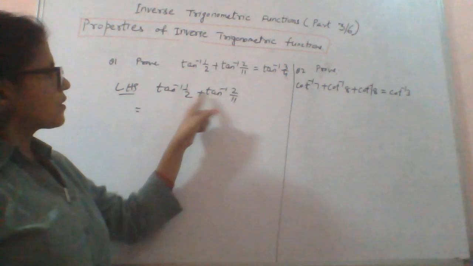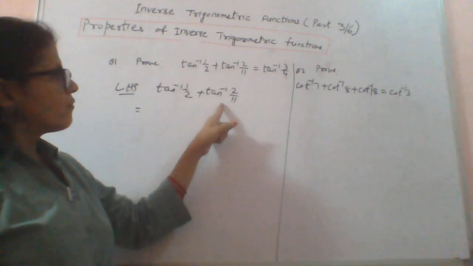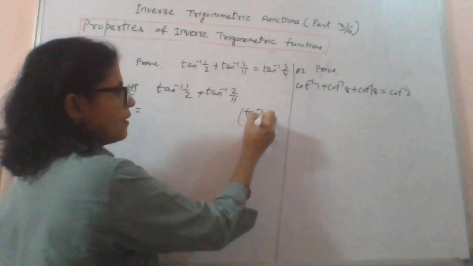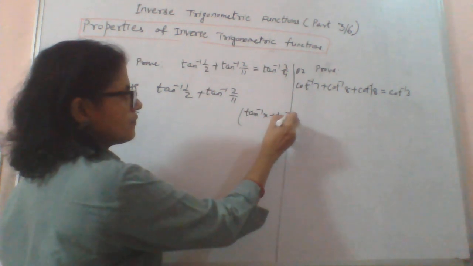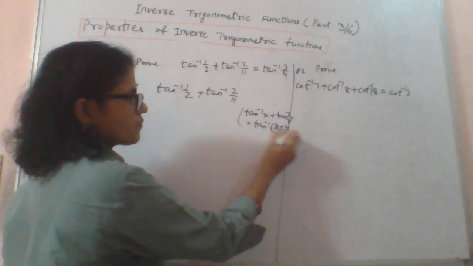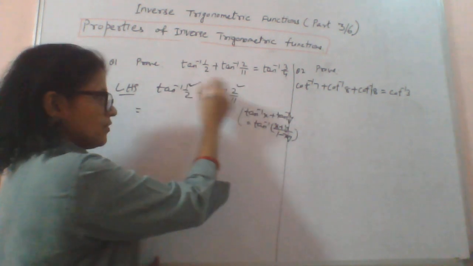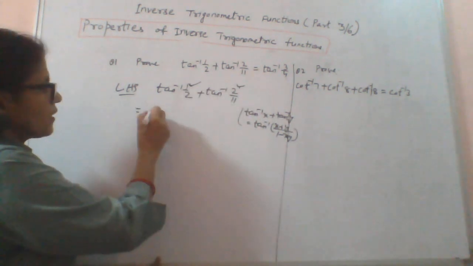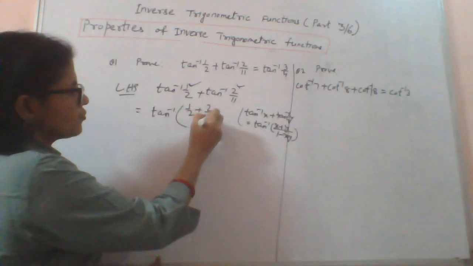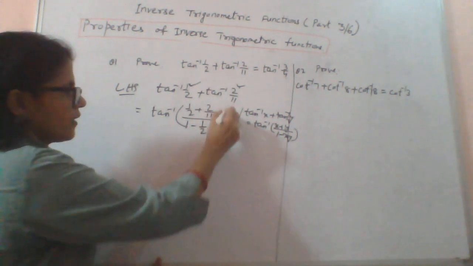Here you can check 1 by 2 into 2 by 11 is 1 by 11, which is less than 1. So we can apply the formula directly, because x into y is less than 1. It is 1 by 2 plus 2 by 11 over 1 minus 1 by 2 into 2 by 11.